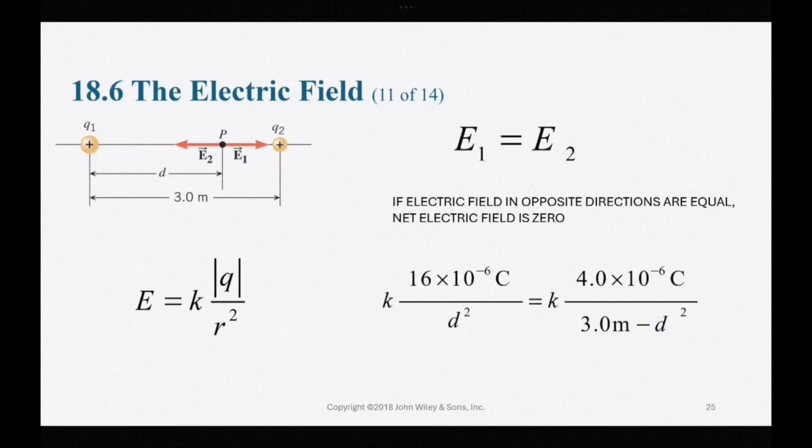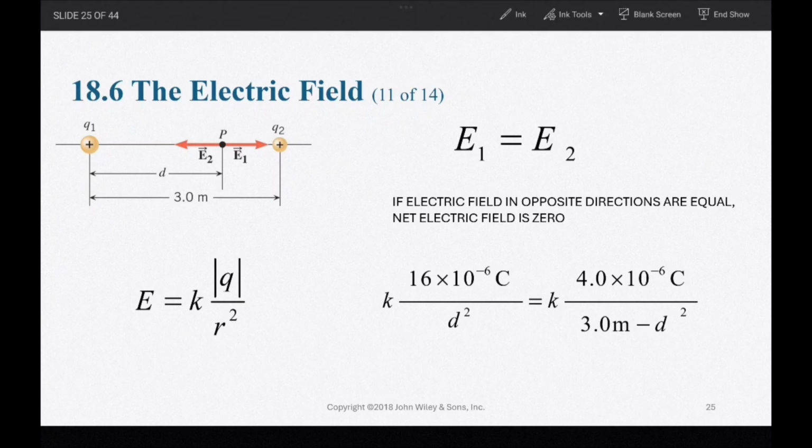Now, why is 3 meters here with 4? If you will notice, in a Cartesian plane, we focus on the x-axis. In our x-axis, here is our point, and the distance of Q2 is here.